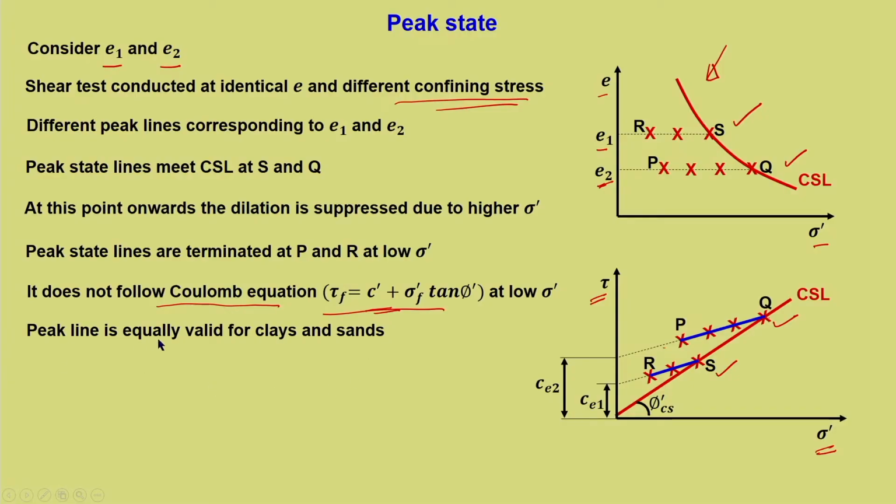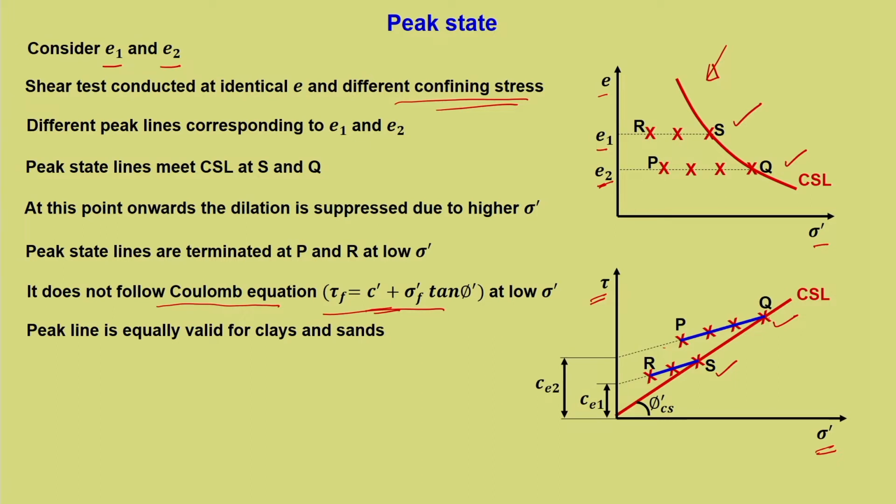Peak line is equally valid for clays and sands. This also we know, because when we say clays, we talk in terms of over consolidated or normally consolidated, and if it is over consolidated, we say that there will be dilation, there will be a peak, and there will be c dash associated. In the case of sand, we say that for dense condition, it will exhibit a peak friction angle.